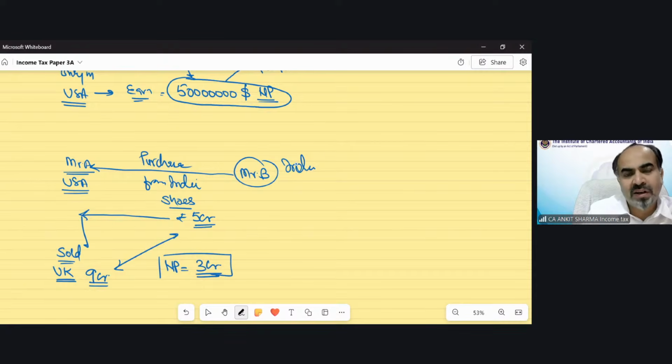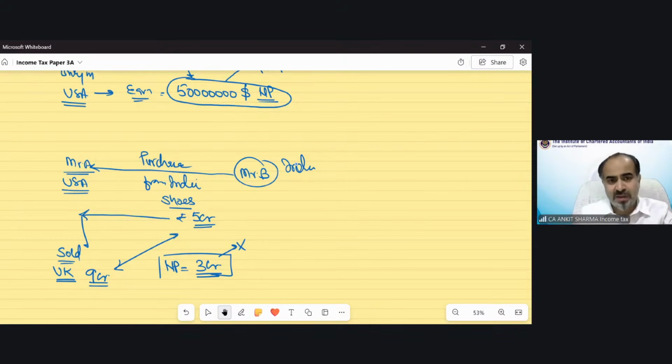On that profit, the Indian Income Tax Department says you need to pay tax in India. But in this case, this income would not be treated as deemed to arise in India. The reason: income will be treated as deemed to arise in India if any operation has been carried out or if income has been collected from Indian sources.